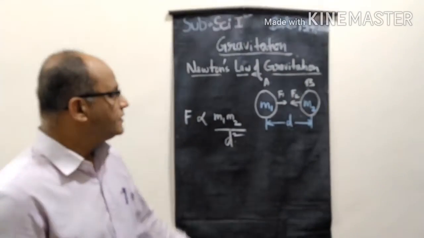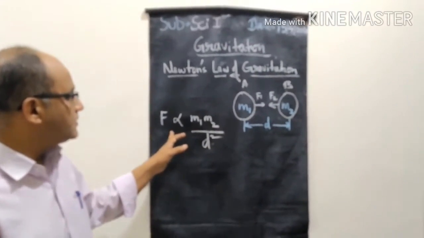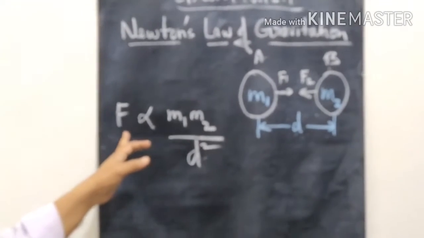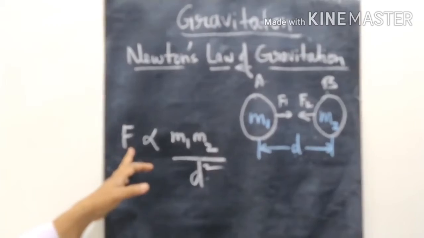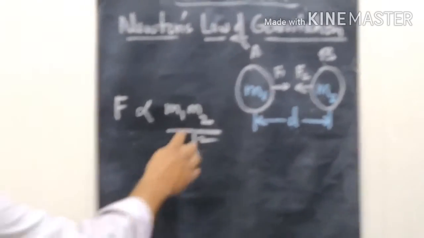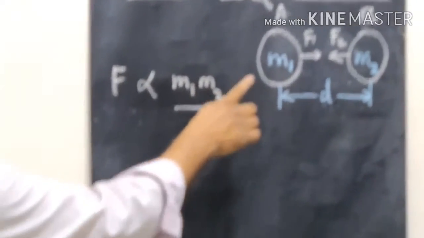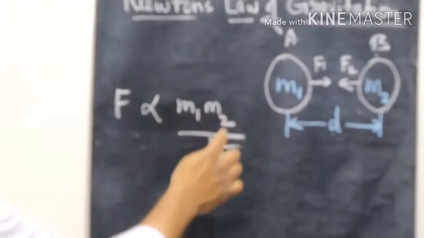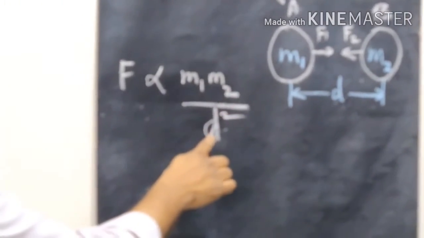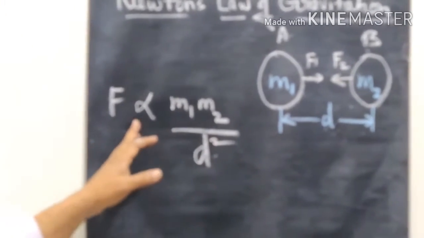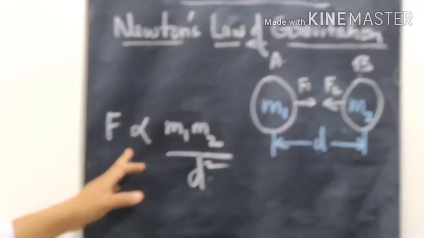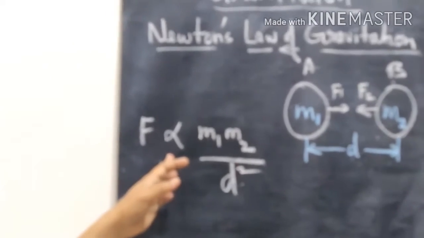This is the formula according to Newton's law of gravity: the force is directly proportional to the product of the masses m1 and m2, and inversely proportional to the square of the distance between them. What is the meaning of directly proportional?